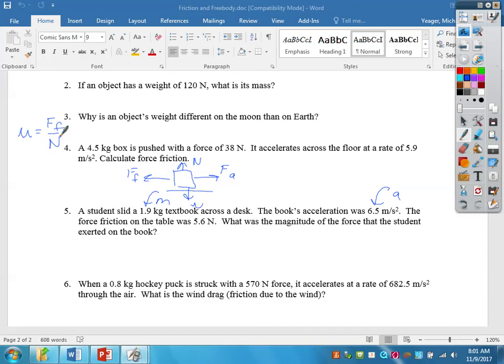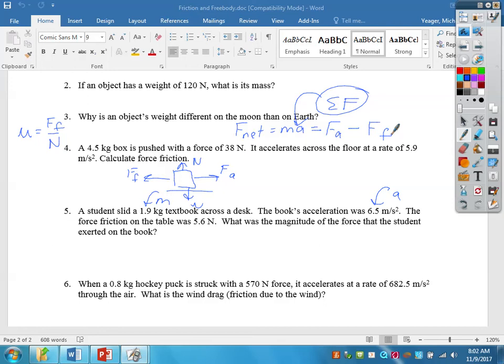So let's speed this up and finish it here. My formula is F net equals m times a, which equals the sum of the forces. What forces are causing the acceleration? That would again be the applied force minus the frictional force, because the applied force is trying to make it go faster, the frictional force is trying to make it go slower.